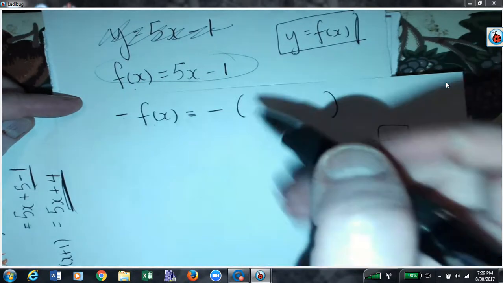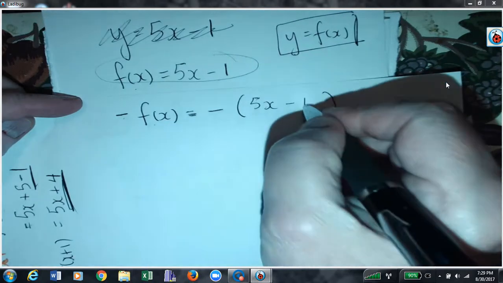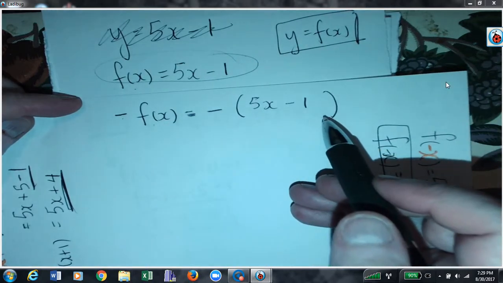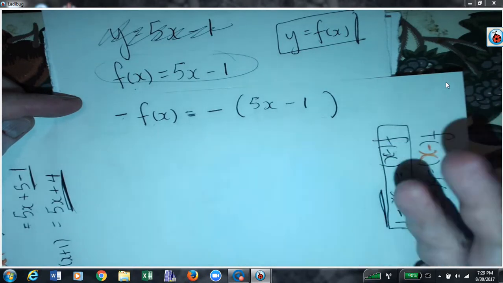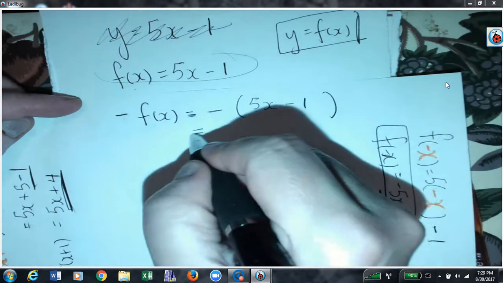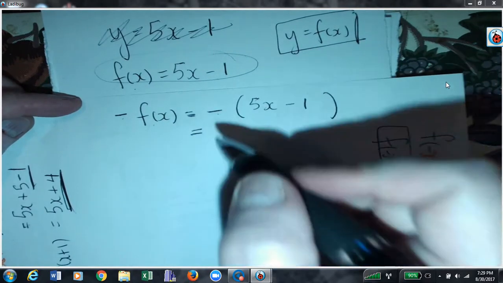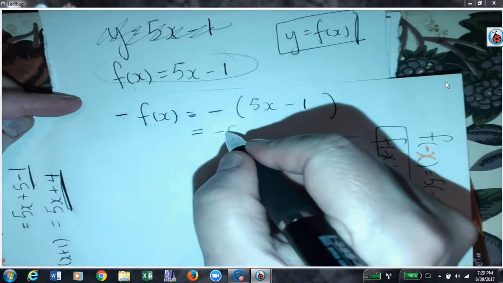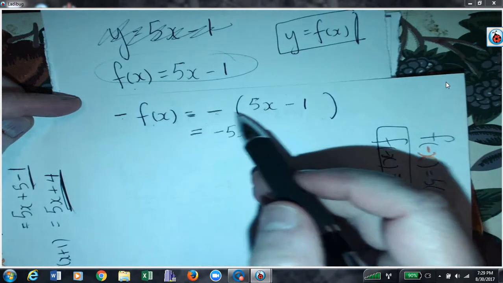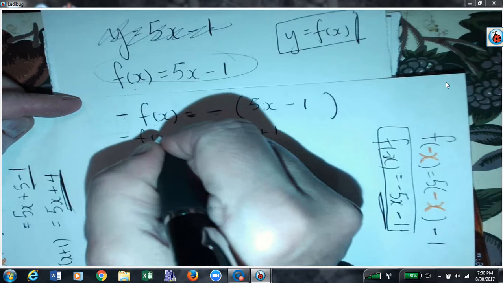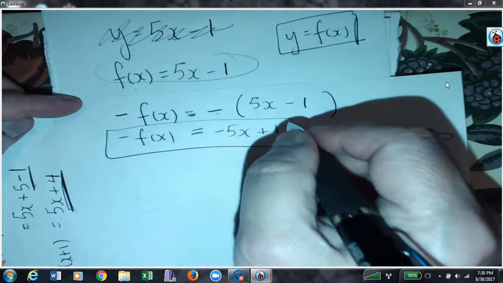And the equation for f of x is 5x minus 1. Now, this is a correct answer, but it's not how you would see it in a multiple choice test or in the back of the book. It'd be written without parentheses. So how is this written without parentheses? The negative sign has to be applied to every term inside here. So we have -5x and then minus -1, which is plus 1. So that's our answer. Okay.